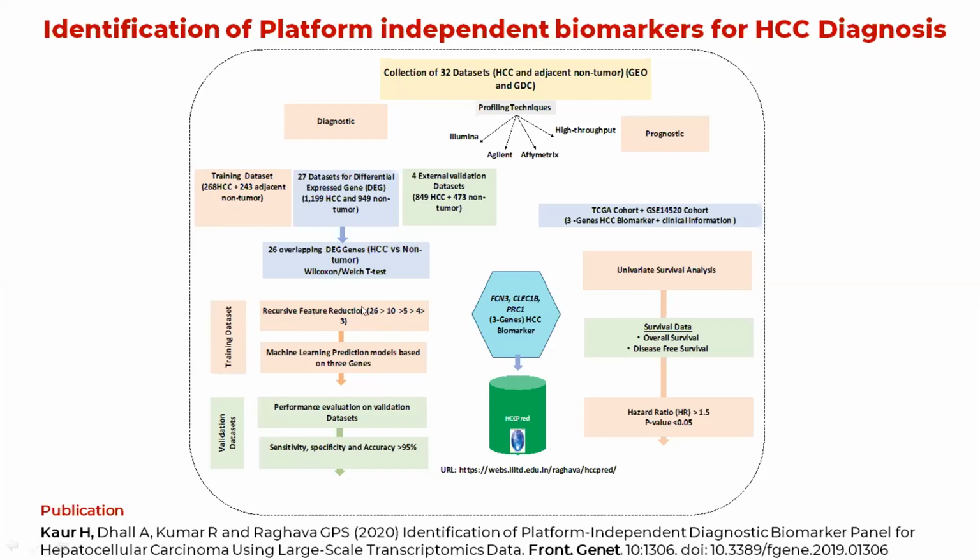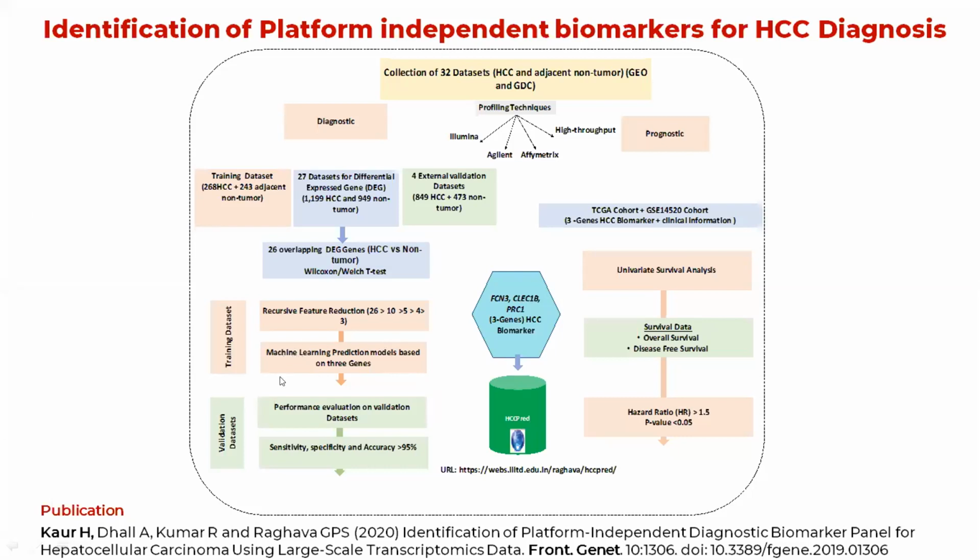So eventually we have obtained 3 genes that include FCN3, CLEC1B, PRC1. Based on these 3 genes, we have developed machine learning prediction models using various classifiers like SVC, RBF, random forest, extra tree, LDA, etc.